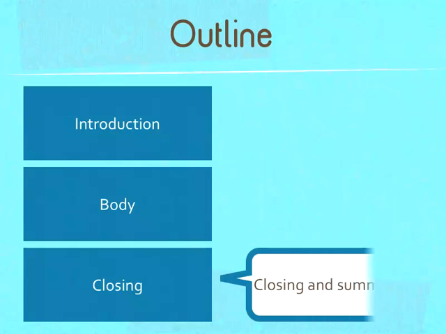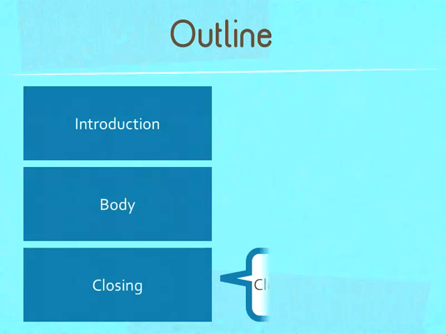And then in the closing part, this is where you close your presentation and provide a summary. So that's basically how you outline your presentation. You organize them in three parts: introduction, body, and closing.